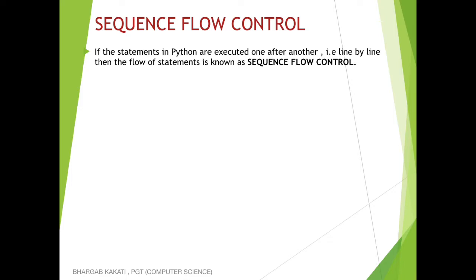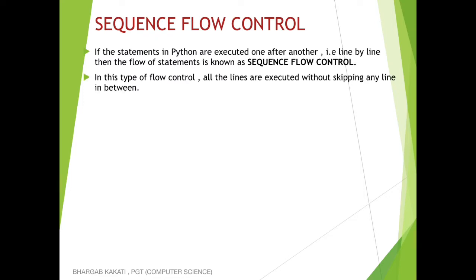So if the statements in Python are executed one after another, that is line by line, then the flow of statements is known as sequence flow control. In this type of flow control, all the lines are executed without skipping any line in between.